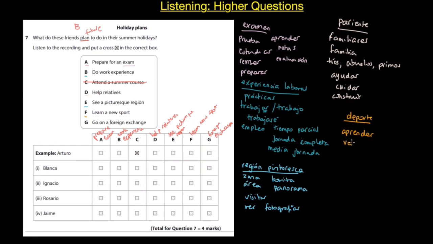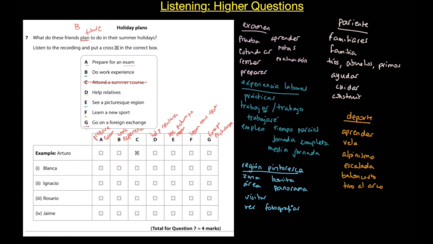I could hear words like vela, sailing, or alpinismo, climbing, or escalada, rock climbing, or baloncesto, basketball, or tiro al arco. So be thinking of sports, but especially those that are not cognates. That doesn't mean that a cognate might not come up, but if it does, you're going to identify it because it's a cognate. The thing is to have in your brain those that may be more difficult.